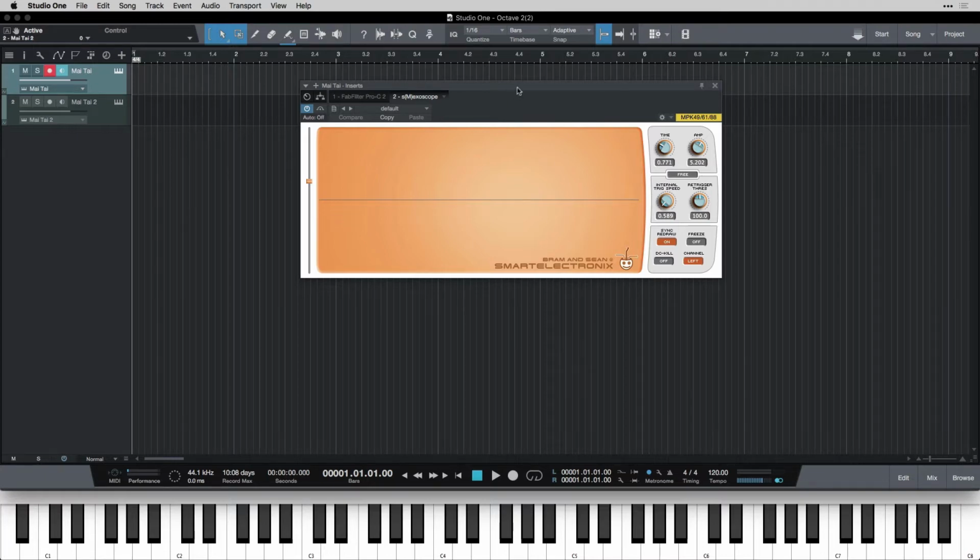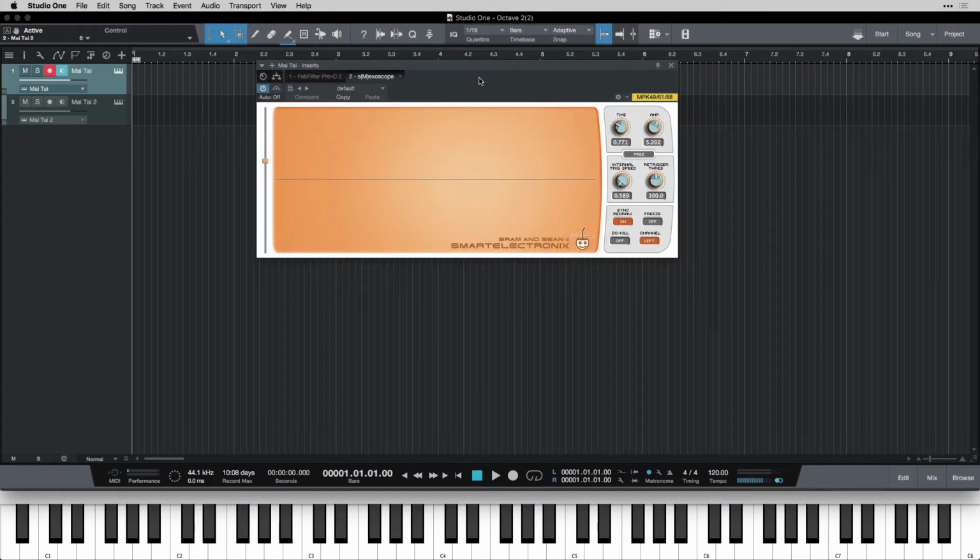Now, I have here sort of an oscilloscope, which means something that can look at sound waves. So I'm going to play my synthesizer. And you can see a representation of what we're hearing.